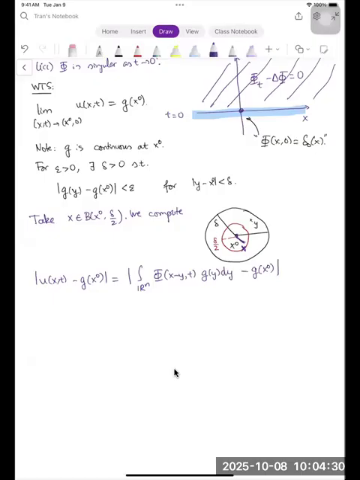Now I'm using the trick that we have used many times, that we multiply g of x naught with 1, because it's just g of x naught.